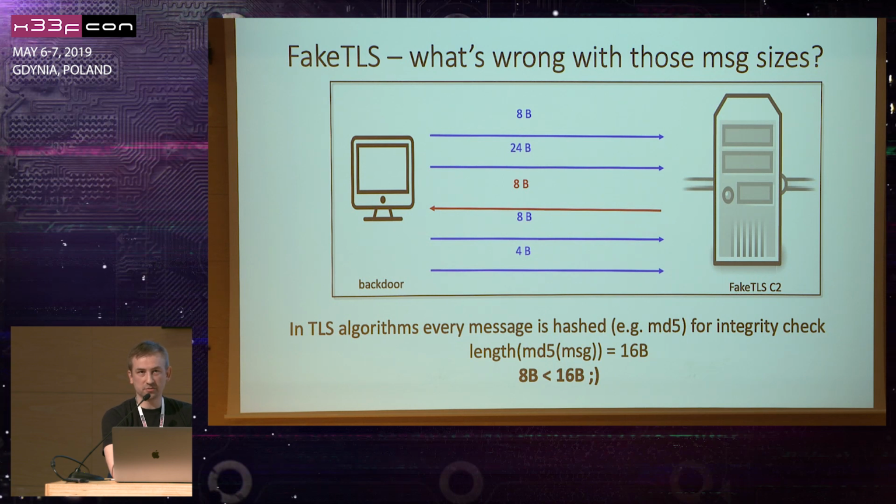It's impossible that it could be a real TLS communication because the sizes are lower than 16 bytes. For the fake TLS, it's even 8 bytes of communication, so it must be something different, something that is not real TLS.